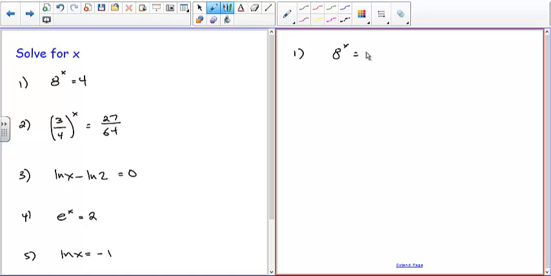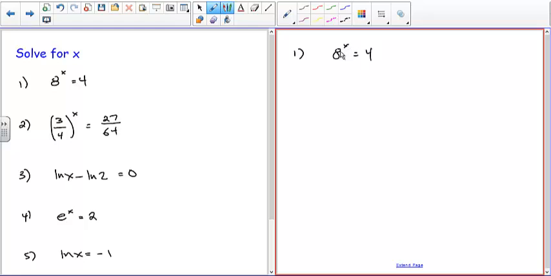And you can think about how you might do this by knowing that 8 to the first power would be 8. 8 to the negative 1 power would be 1 over 8.